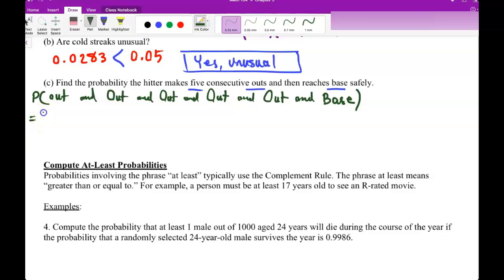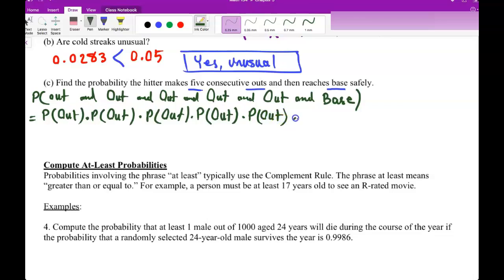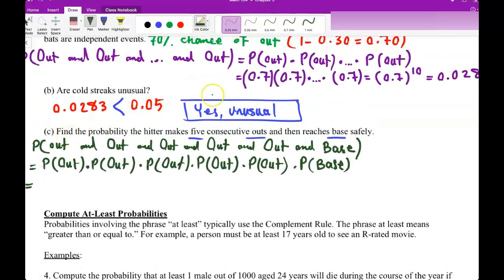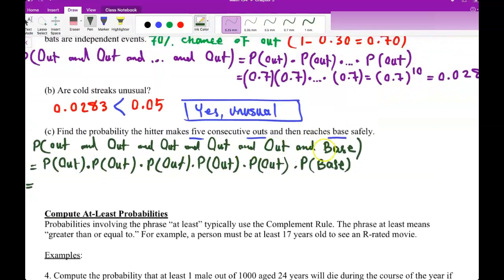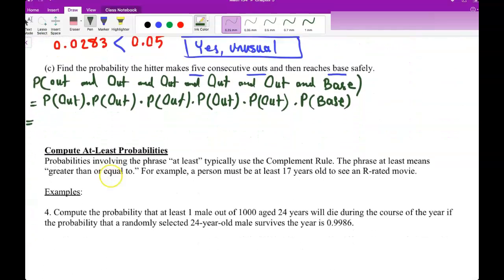So finding the probability for that, multiply each one. We have 5 outs and 1 base. The probability for out was 70% and for base was given as 30%.